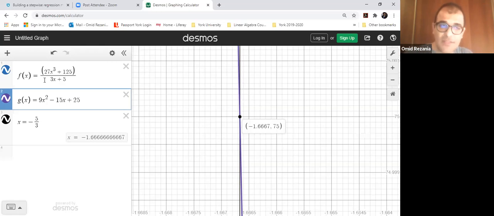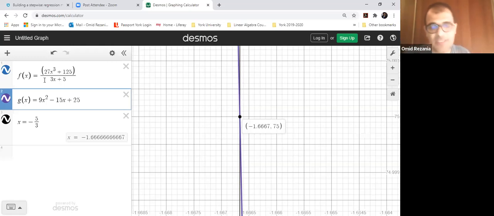What points are not defined in the function? They are the points that take the denominator of f of x to 0, which means that 3x plus 5 becomes suddenly 0. And that's the reason that it collapses f of x. That's why we have to identify that point and remove it from this function.